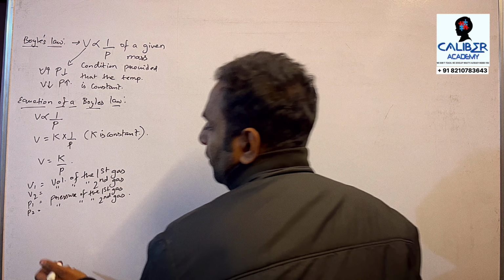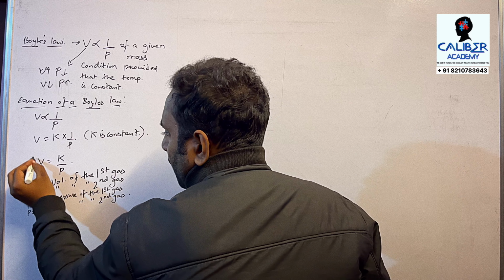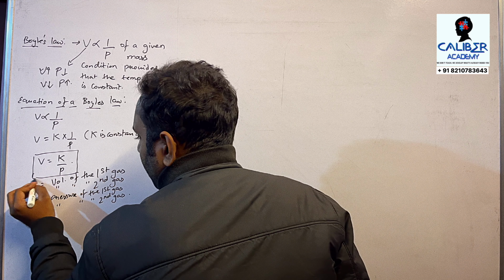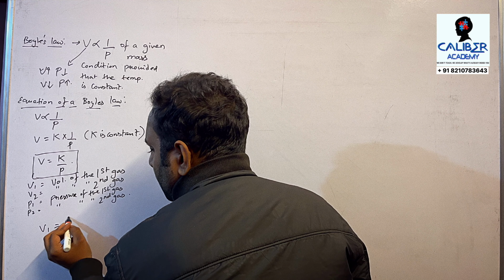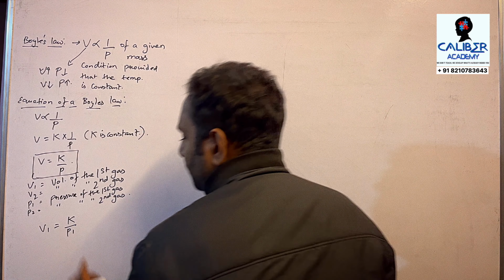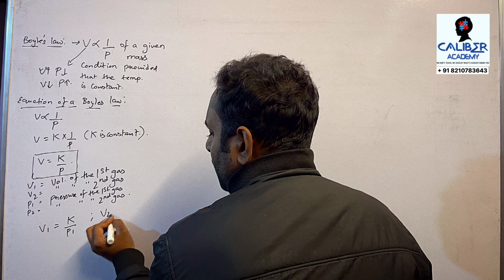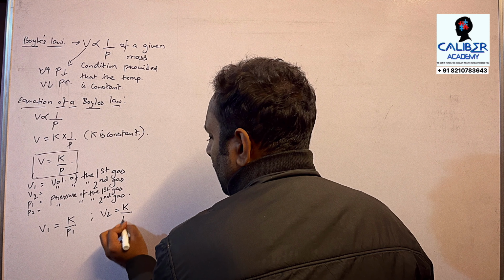Now from V equals K by P we can write V1 is equal to K by P1. Likewise V2 is equal to K by P2.